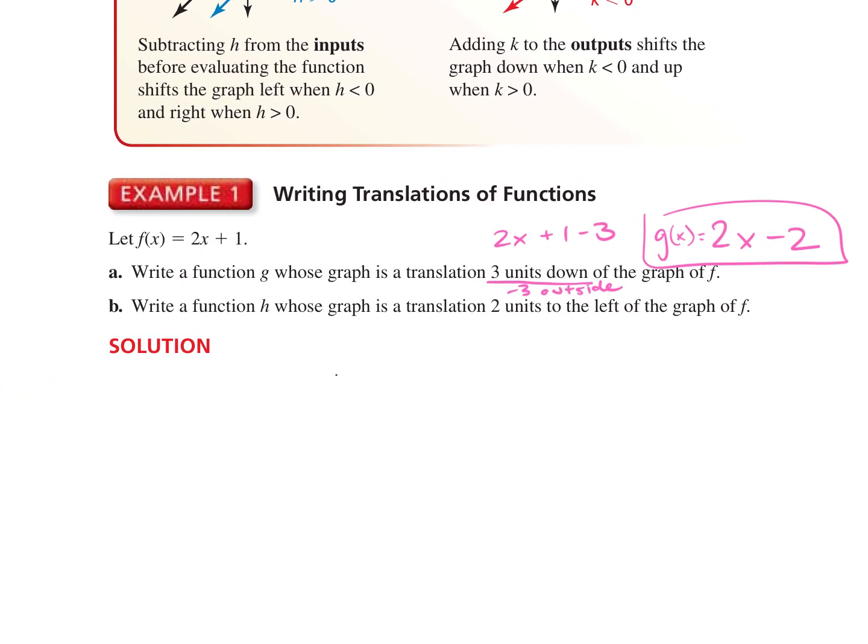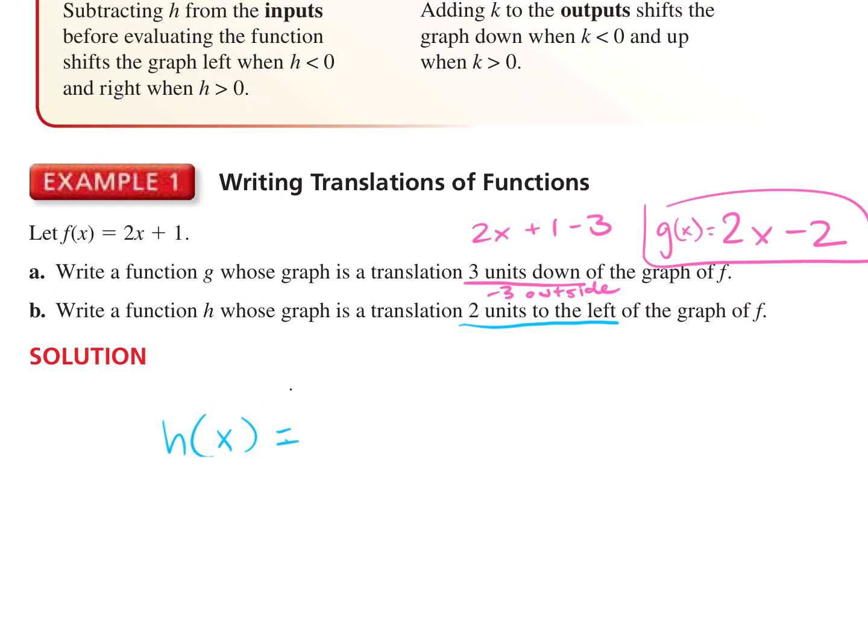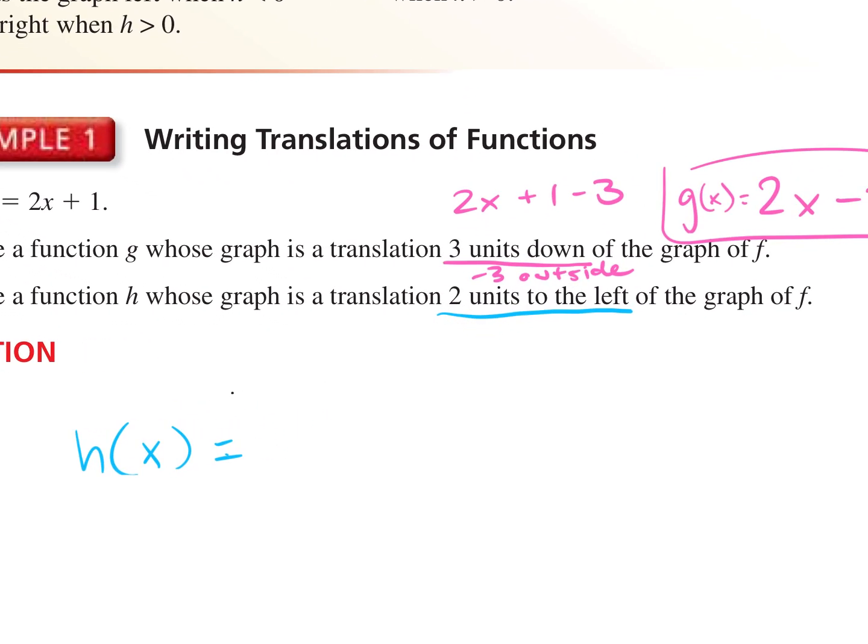All right, let's look at b. B, we want to write a function h, so this one we're calling h of x, whose graph is a translation 2 units to the left of the graph of f. So 2 units to the left, left and right, is that inside or outside? Inside. So it happens directly to the x. And if I'm moving to the left, is that adding to or subtracting to?